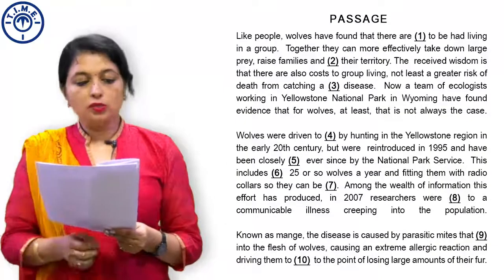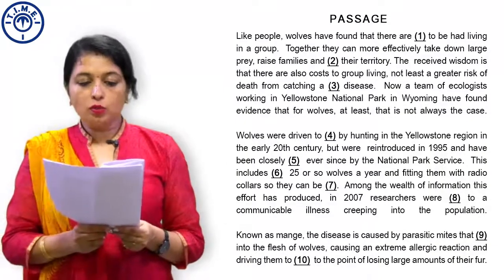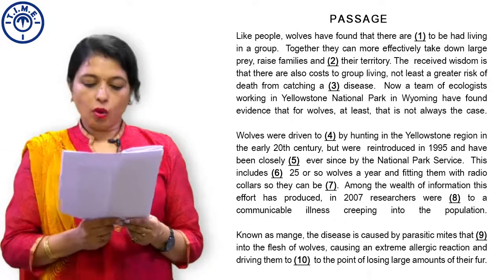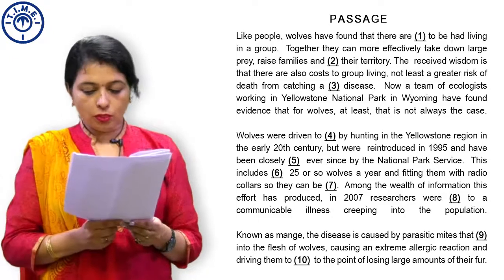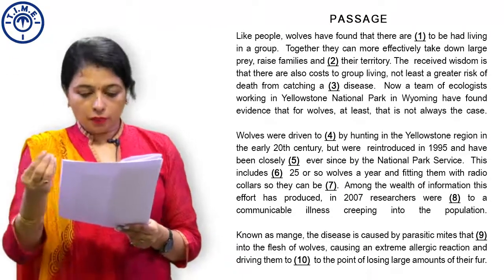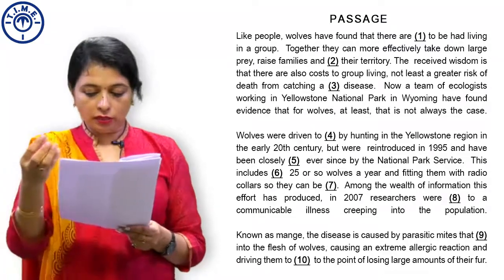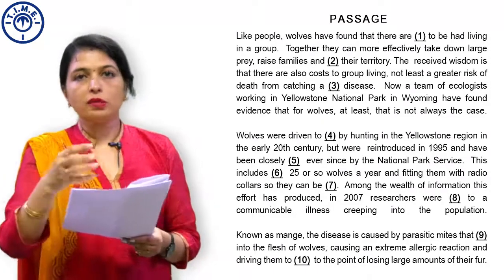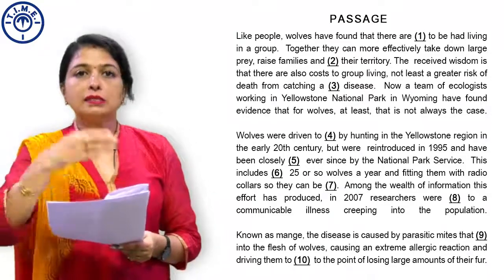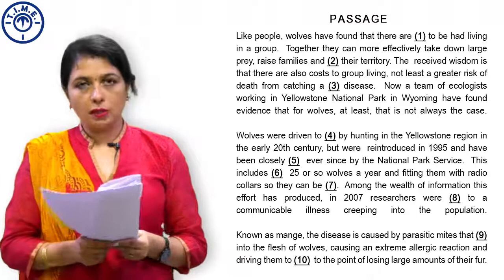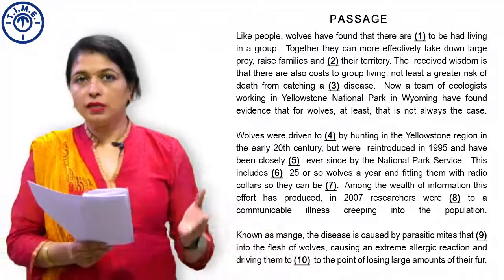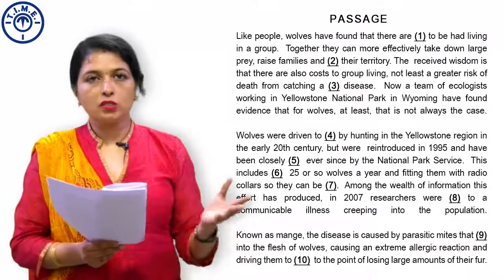But were reintroduced in 1995 and have been closely dashed ever since by the National Park Service. So, what does a National Park Service do? After their extinction in certain parts of the country, the wolves were reintroduced, and when they were reintroduced, they would definitely be watched over, observed and ensured that they don't meet the same fate again. That means they do not come to the same level of being endangered or going into extinction.